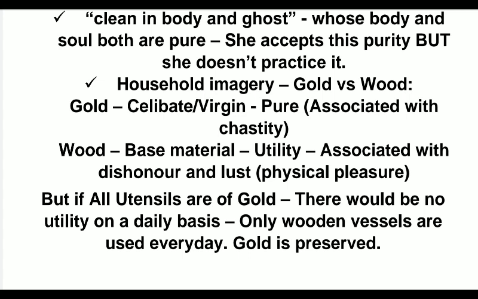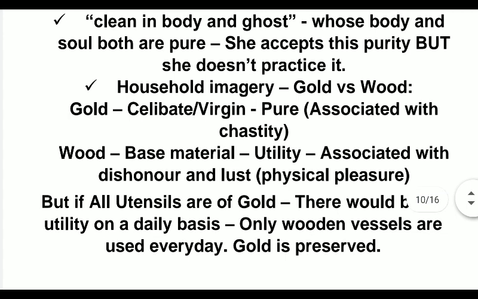So gold actually refers to a body that has never been used, a body that is preserved, and necessarily preserved without sex, a body that is celibate, while wood is a body that has been used for sex, the body that has some utility.